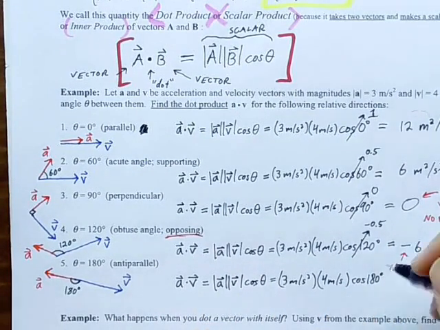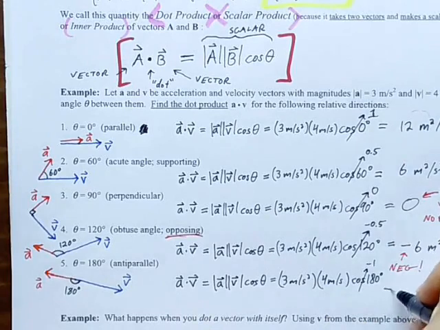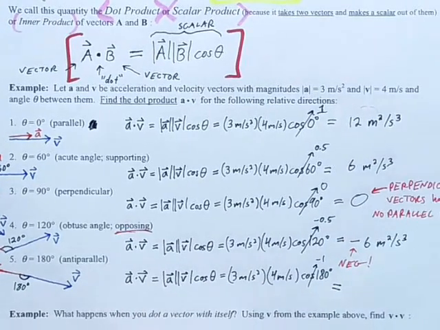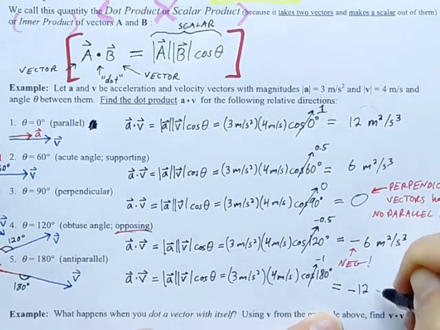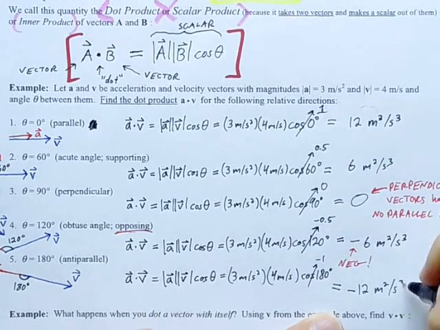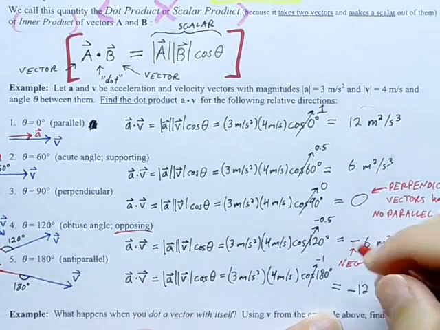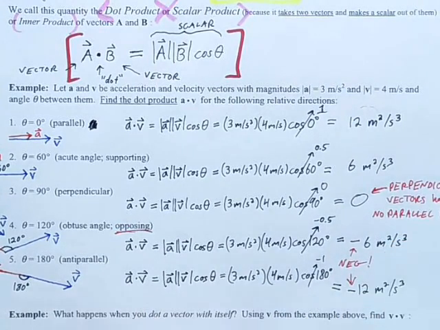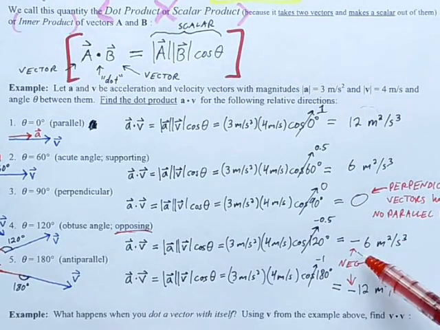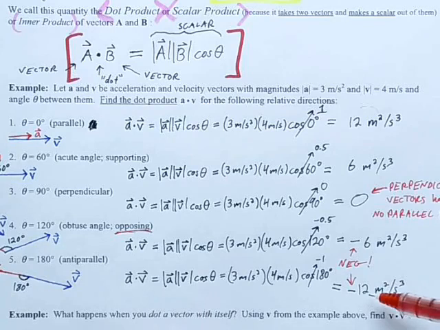Cosine 180 is negative 1, so that comes out to be negative 12 meters squared per second cubed. Also negative, indicating they're opposing one another, but more negative than when they were only 120 degrees apart. So they're opposing each other to a greater degree at 180 degrees apart than they were at 120 degrees apart.